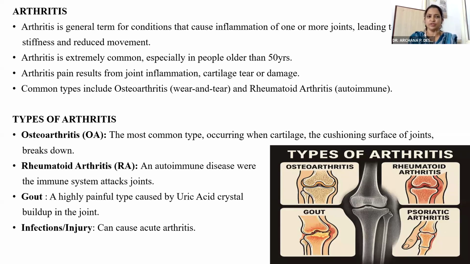It is more common in older people, and arthritis mainly involves inflammation, cartilage, and some fibrous tissues where the damage occurs. The common types are osteoarthritis and rheumatoid arthritis. In osteoarthritis, the cartilage is involved, the joint cushioning breaks down, and the white fibrous tissues all get involved.